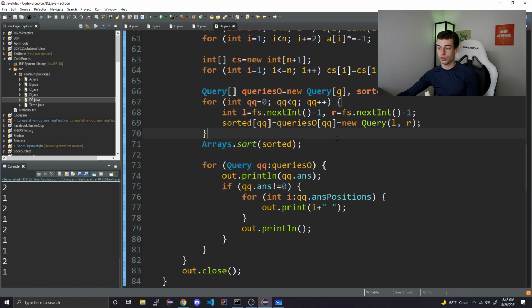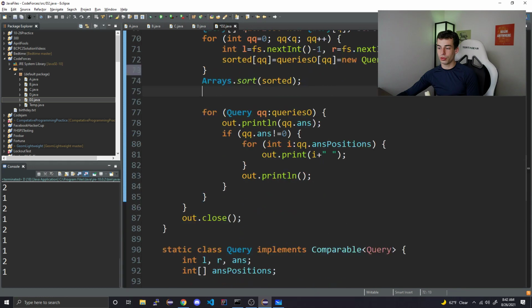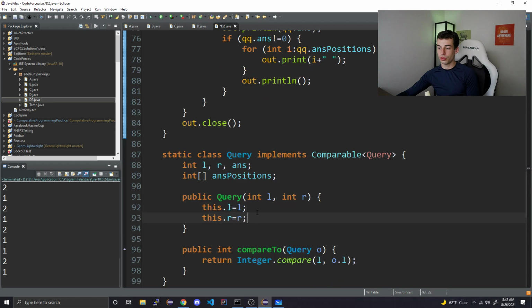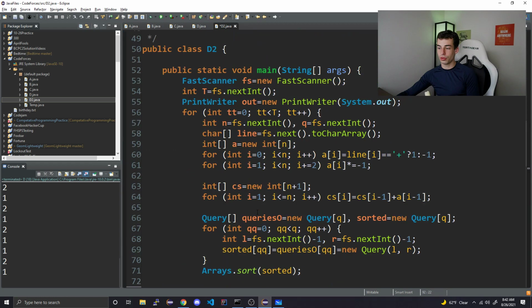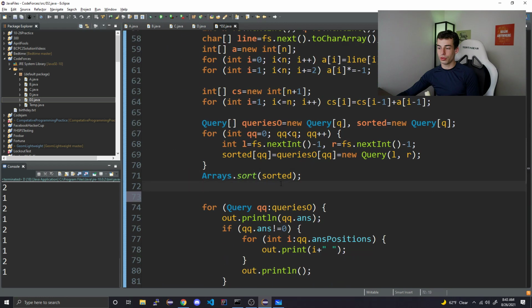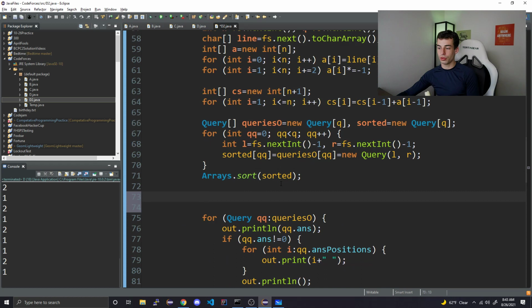Okay. So now we need to process these queries. We have them sorted by L. So now we want to say, when is the next time the sum becomes X? Yeah, we can just process from right to left.